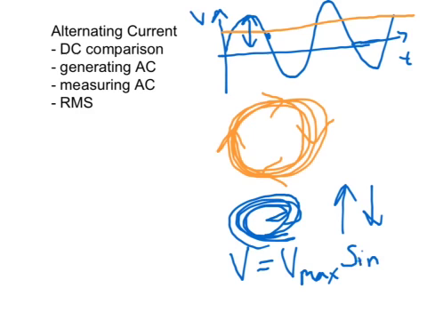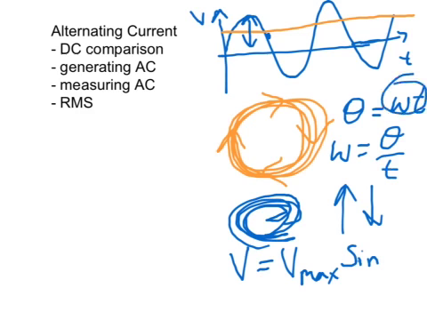Usually there's something rotating to produce this, so we have to use an equation to get our angle as omega times t. I'm not going to get into the main details, but omega is your angular velocity, the change in the angle in radians over time, and rearranged we get this, and this is what we're going to use.